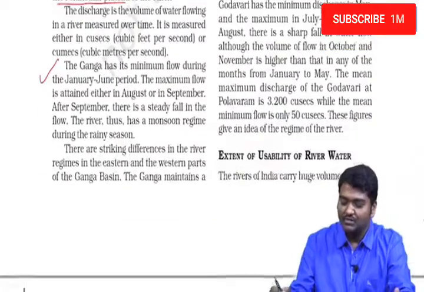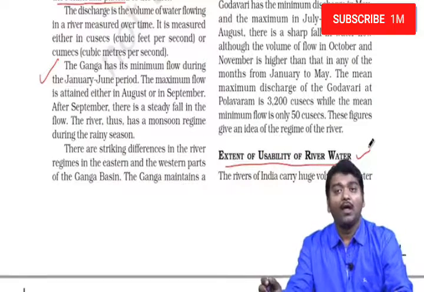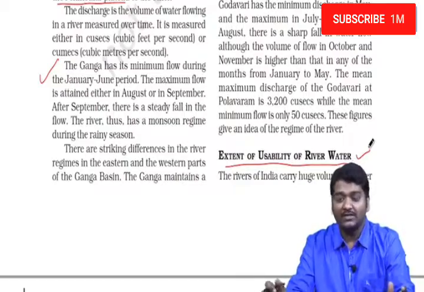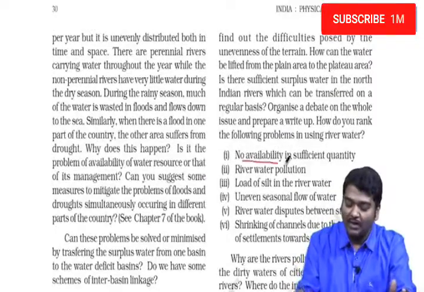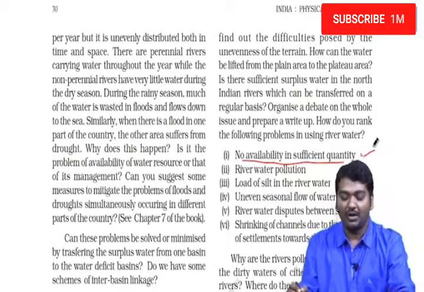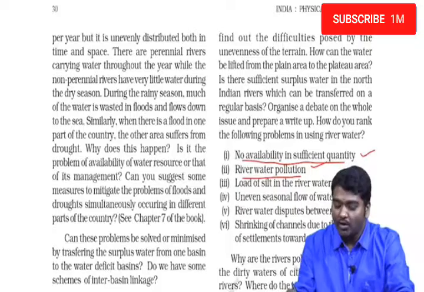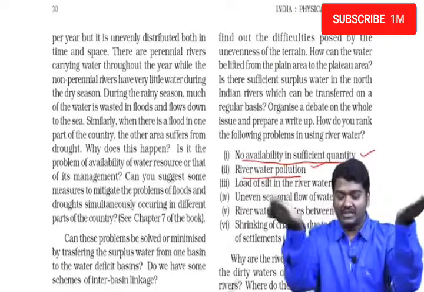Then you usually observe the extent of usability of river water. My suggestion to you, please go through this carefully, because what are the problems associated? No availability of water in sufficient quantity. Second, river water pollution. Load of silt in the river. Sedimentation takes place, so I told you floods happen.